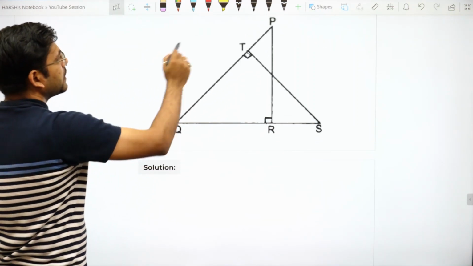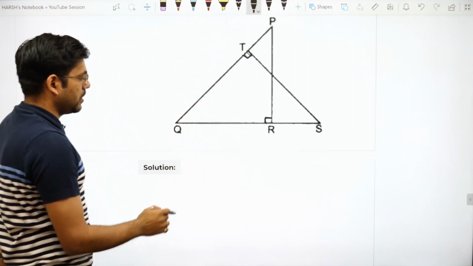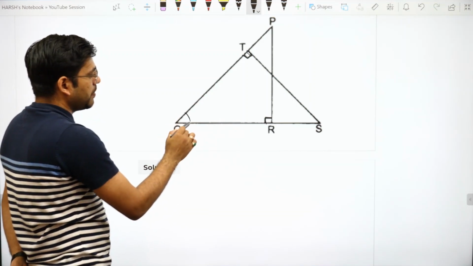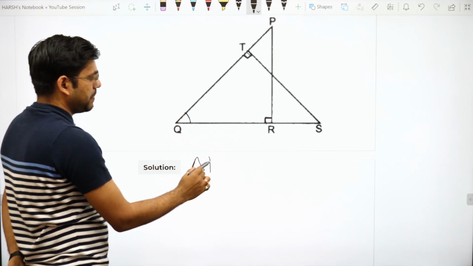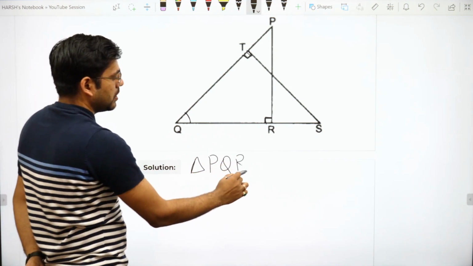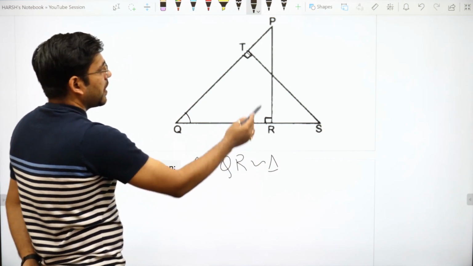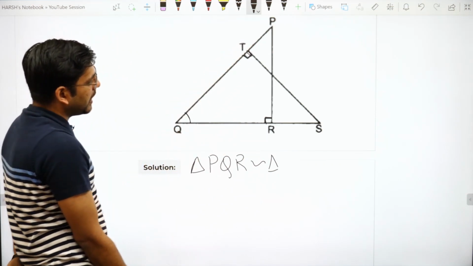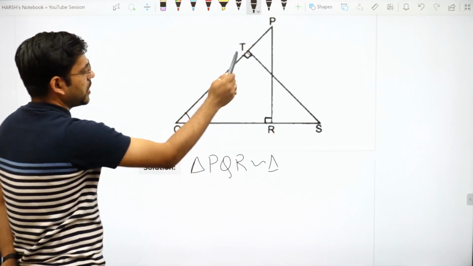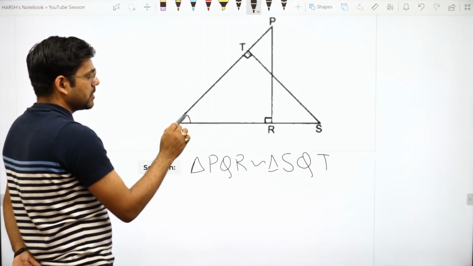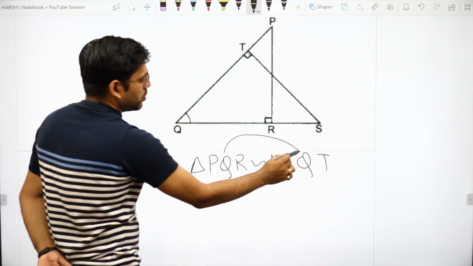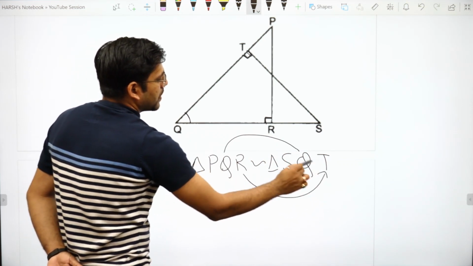So what I will write here in the similarity, I'll just tell you. Angle Q will be common in two triangles, and angle R and angle T are equal. So I will write triangle PQR first is similar to triangle SQT, because Q equals Q and R is equal to T. Why?